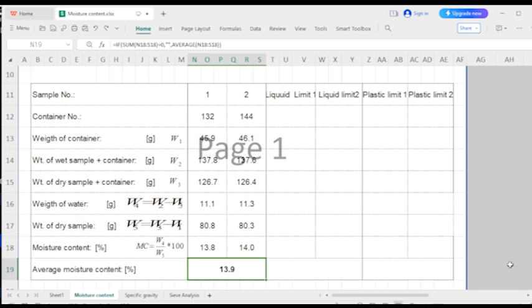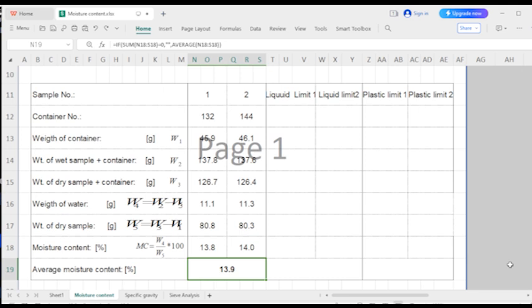So we take that to the laboratory. It is now put into what we call the Casagrande apparatus. In the Casagrande apparatus, 25 blows are considered for the groove made there to close up.